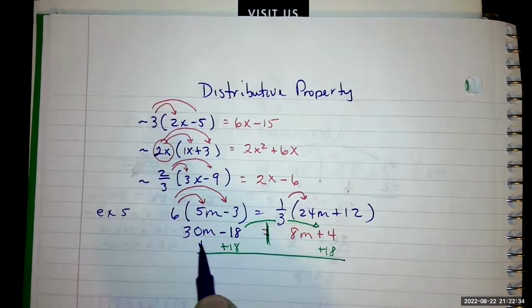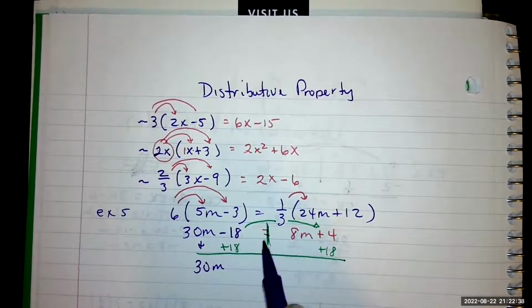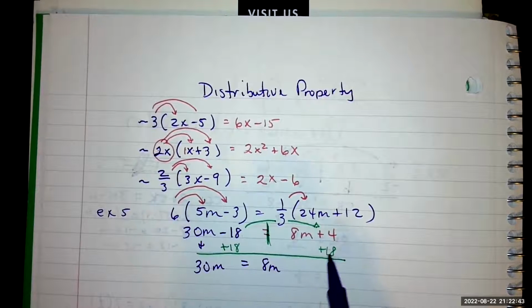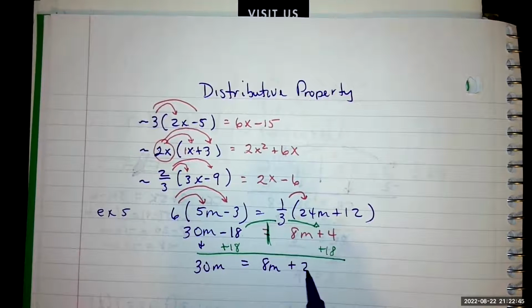Bring down my 30m. This is a zero pair. We have an equal sign, 8m, and then add is 22, because if you add those up, you get 22.